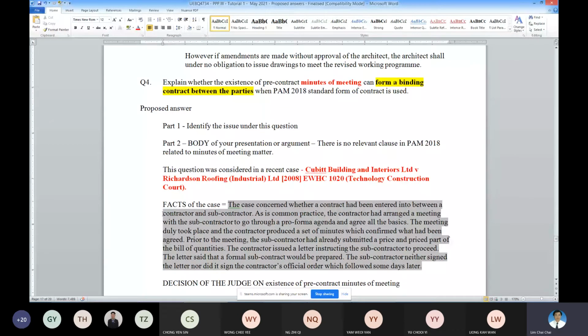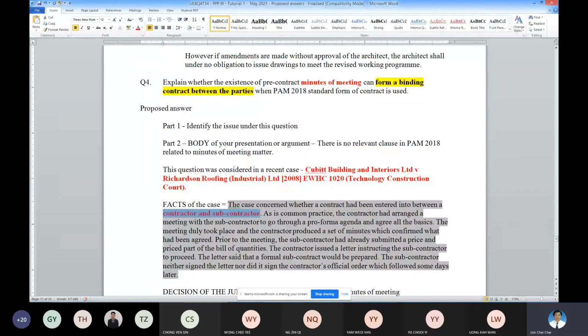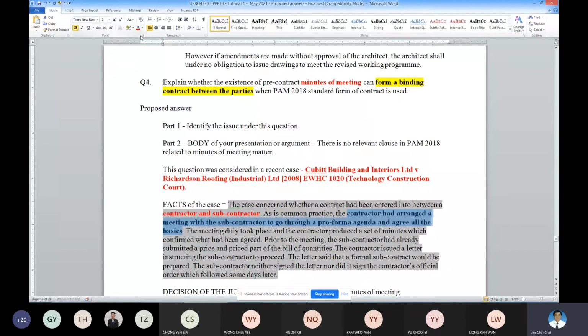The main contractor had arranged a meeting with the subcontractor to go through all the details before the contract was signed. The meeting took place and the contractor produced the minutes, which confirmed all that was agreed.